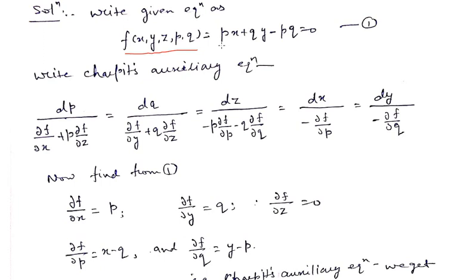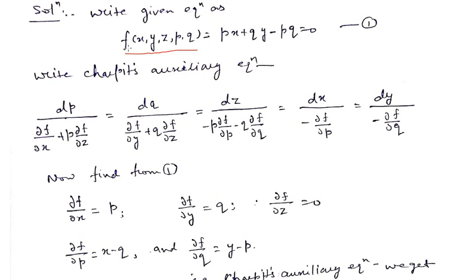When we differentiate it with respect to p, we take the other variables x, y, z and q as constant. So the derivative of px is x, the derivative of qy is 0 and the derivative of pq is q with a minus sign. So del f upon del p is x minus q.